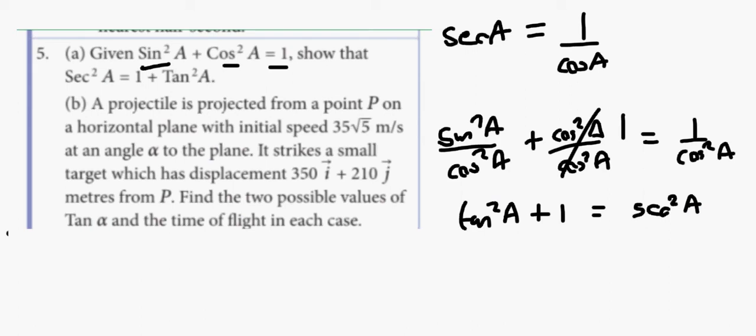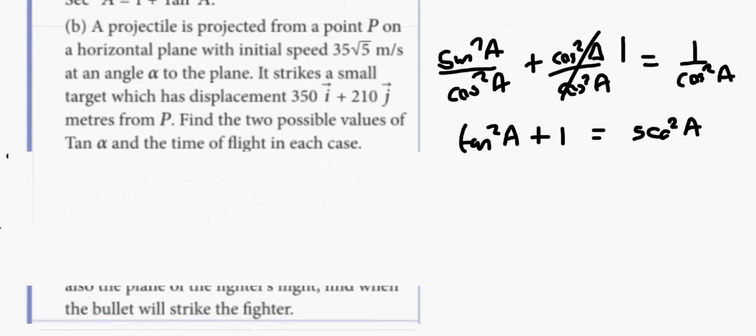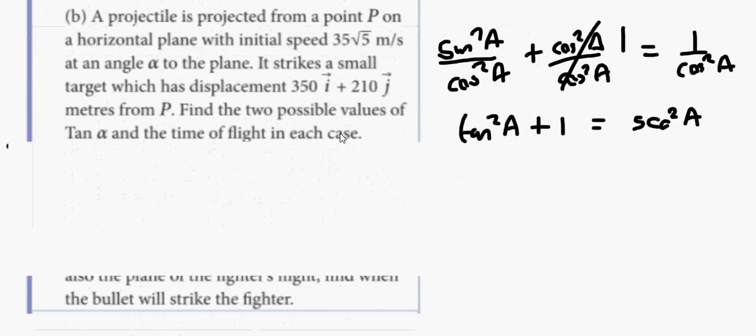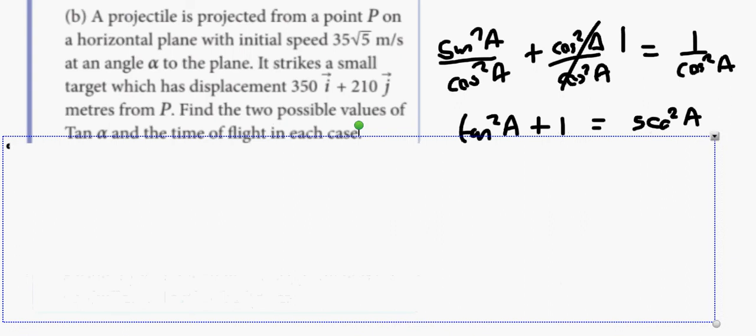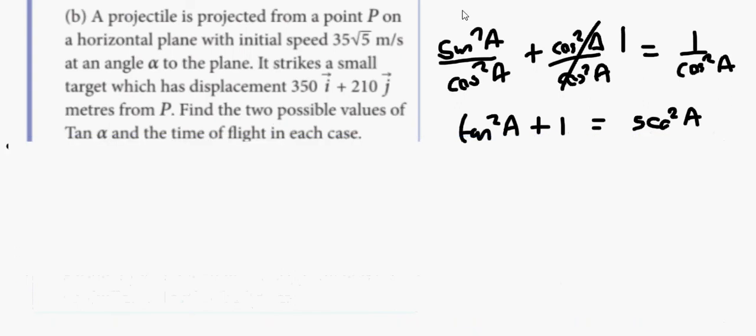Next thing. A projectile P is projected from a point P on a horizontal plane with initial speed 35 meters per second and angle alpha to the plane. It strikes a small target which has a displacement of 350. Then, please remember what Connor said the other day.